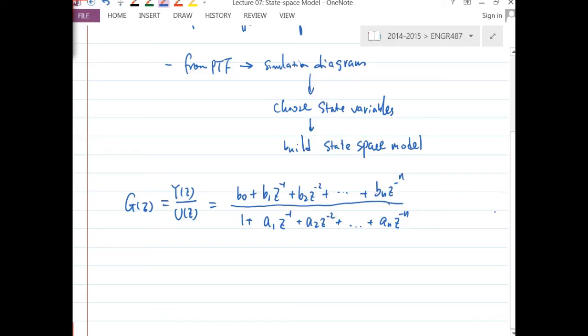Different textbooks, probably even our own textbook, may use slightly different notations for the coefficients.